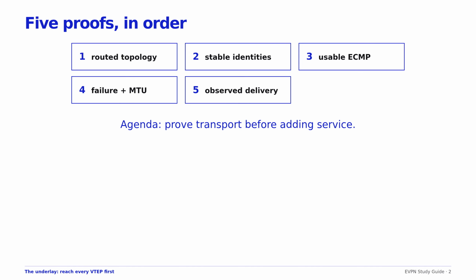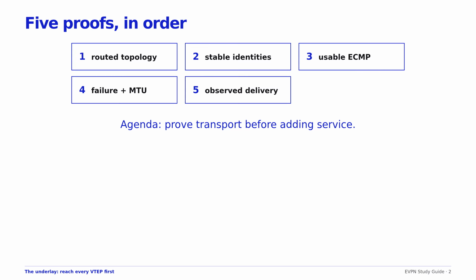Here is our agenda. First, we shall establish why a leaf and spine fabric uses routed point-to-point links. Second, we shall separate stable loopback identities from the links that happen to carry them. Third, we shall choose a routing contract, install equal cost paths, and resolve an overlay next hop all the way to an egress interface.